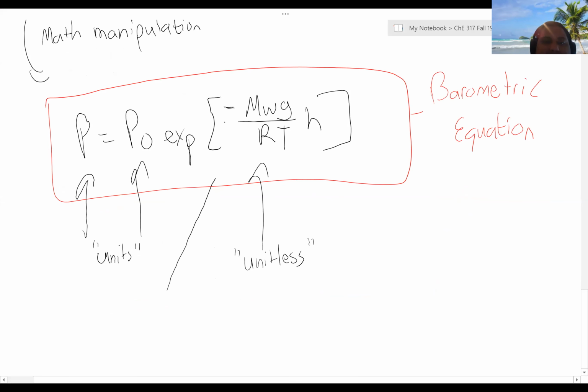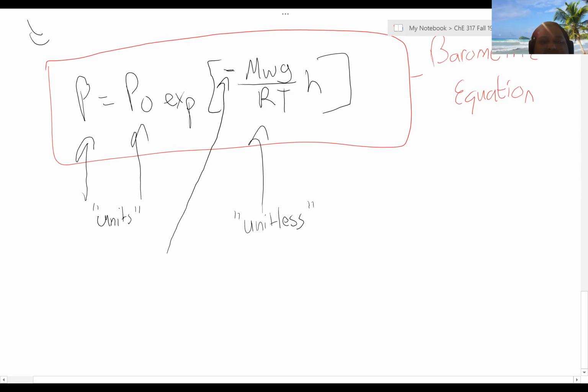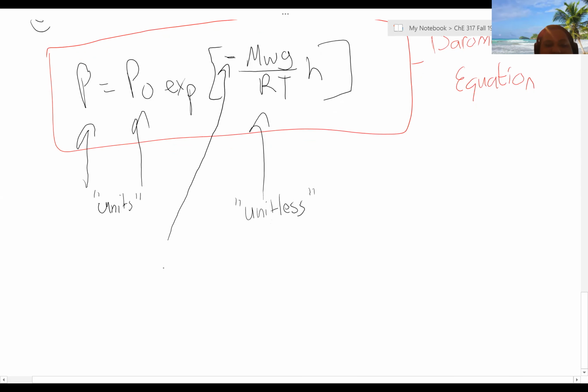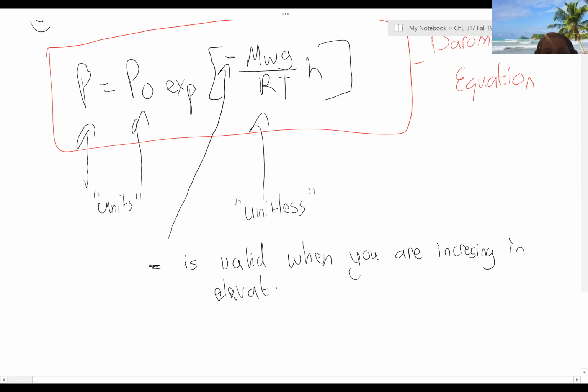At the same time, there's a negative here within that exponential, which means I'll say the negative is valid when you are increasing in elevation with respect to your reference pressure.